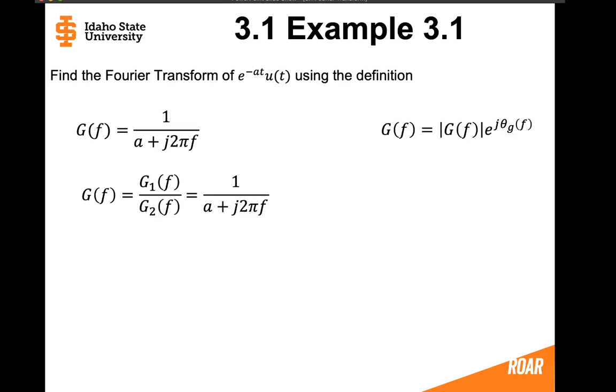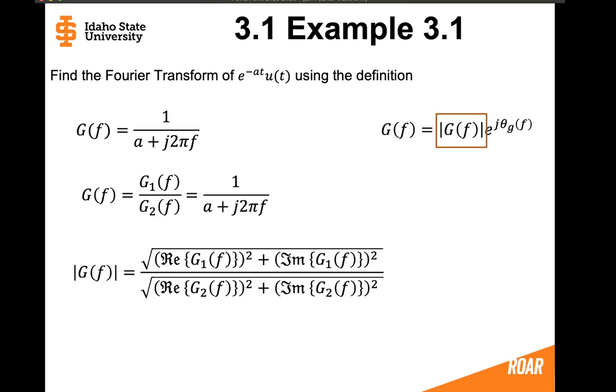Let's break up this frequency response into the numerator and the denominator, and we'll just call the numerator g sub 1 and the denominator g sub 2. So if we want to find the amplitude response, then instead of taking the whole frequency response and then trying to turn this into one imaginary number, it's going to be a little bit easier if we just find the magnitude of the numerator and the magnitude of the denominator.